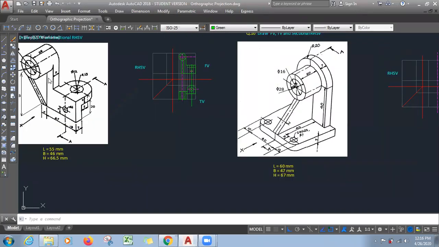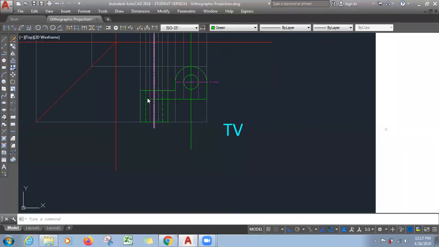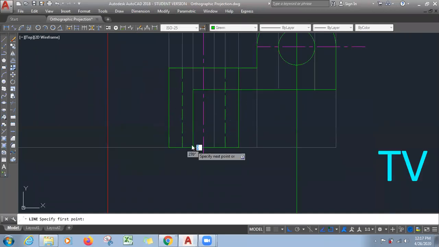Now see, this surface is continuing up to this level. This is the level of that surface, and for the rib, the level will be this one.